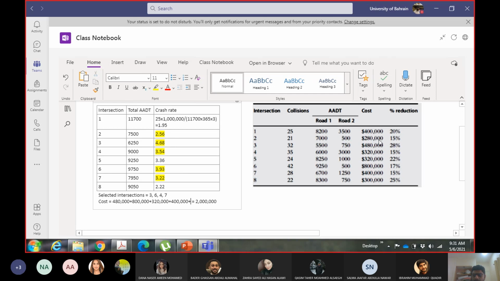Site number 2, it requires how much? 280,000, right? So here you will add it. Now we are very close to 2.3 million.